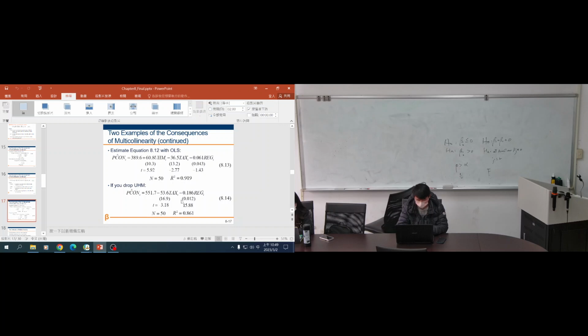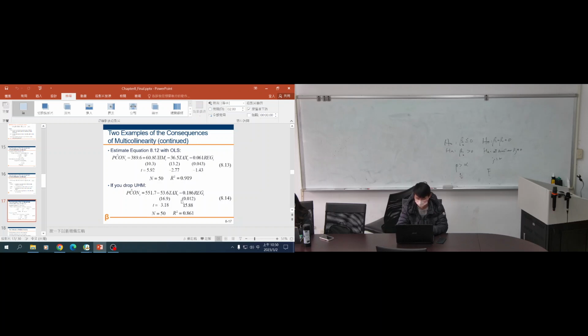One is called UHM, urban highway miles within the state. What do you mean by that? The longer the highways, the farther the distance, maybe, and you'll drive it and consume more petroleum. So we're expecting the positive sign with UHM to the petroleum consumption.